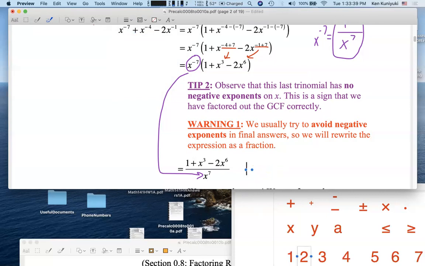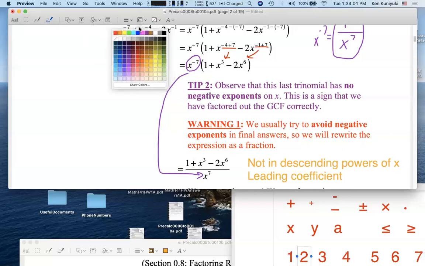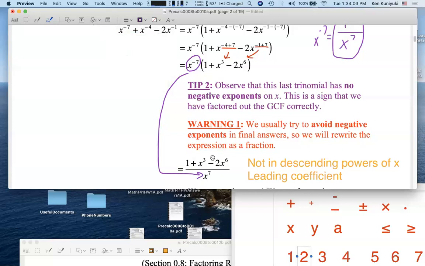First of all, it's not written in descending powers of x. We don't like that. A second thing we don't like is the fact that the leading coefficient, which is what here?